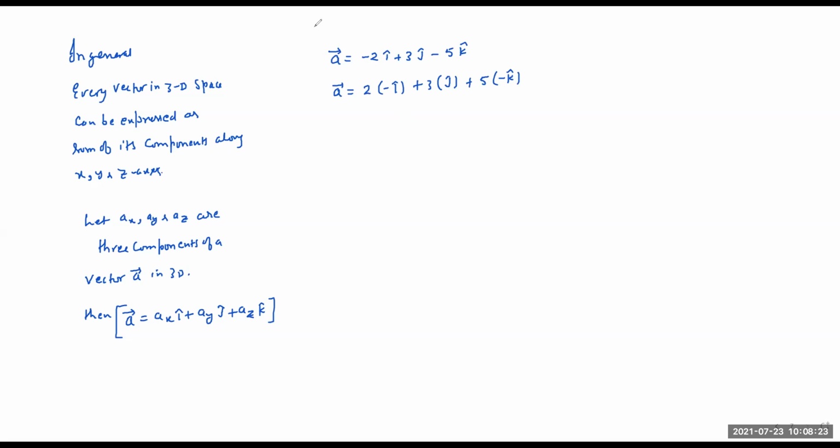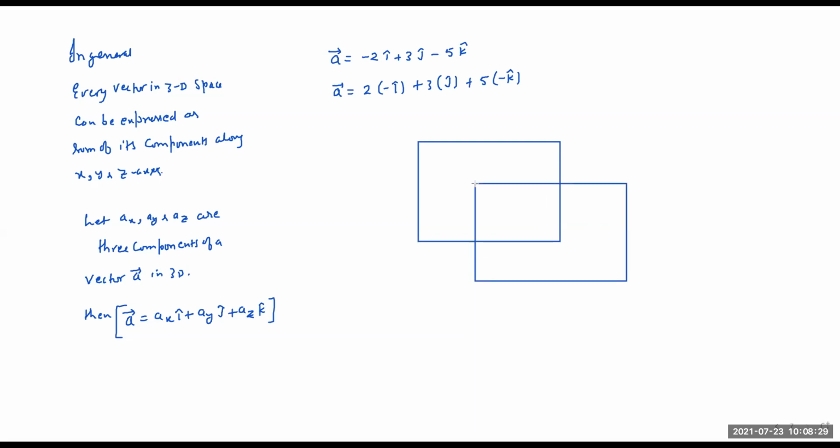So if I want to represent this on a three-dimensional graph, how will it look? Let me just do it for the sake of understanding. I'm not completing the entire cube because that's not the purpose.